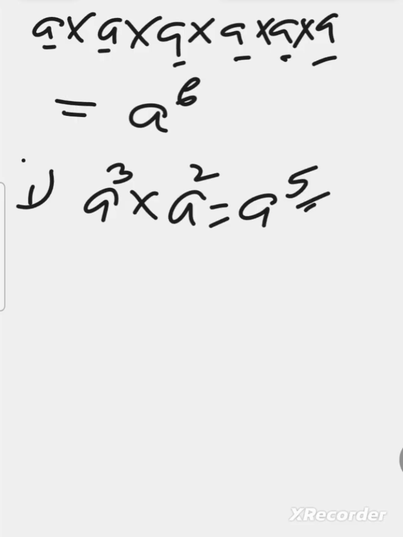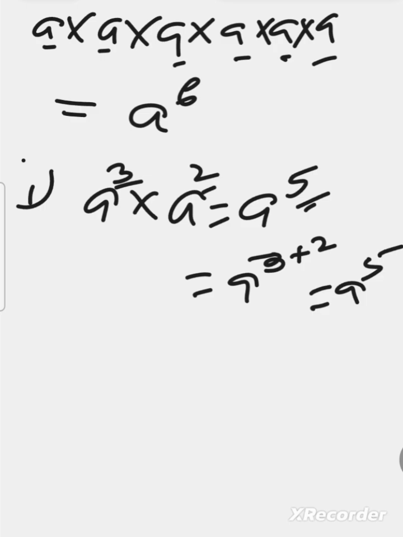How did we get 5? This is the same as 3 plus 2. So this is a power 3 plus 2, which is the same as a power 5. So in simple terms, if you look at the bases, the two bases are the same. In other words, they are common.